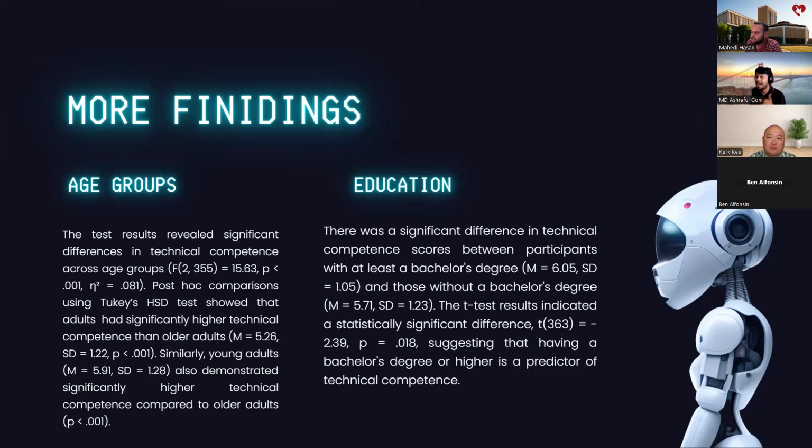Also, education has a great role to play when we are thinking about users in the science gateways. There is a significant difference in technical competence score between participants with at least a bachelor degree and those without a bachelor degree. So if you make a science gateway for high schoolers or people who are in university and do not have a bachelor degree, you might try to make it easier compared with people who have a bachelor degree.